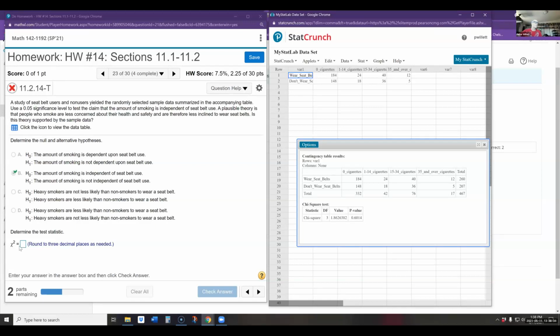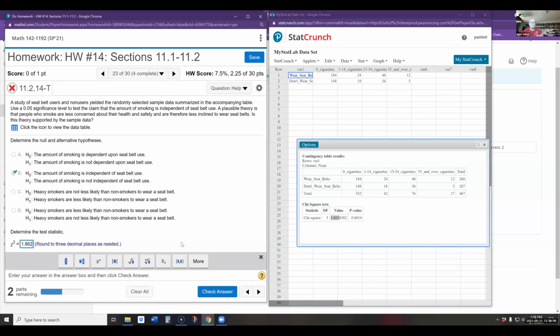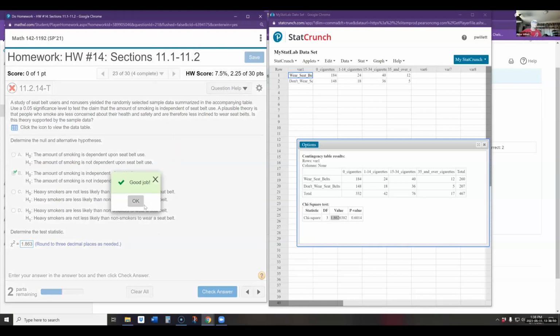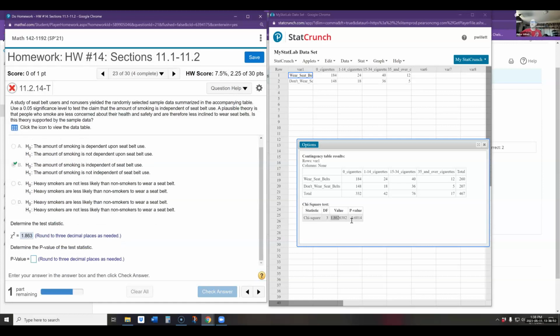Now, they're asking for the test statistic, so that's going to be the value of the chi-squared to 3 decimal places. Need to round the 2 up to a 3. Then the p-value to 3 decimal places would be cut off at the 1 there. No change needed.